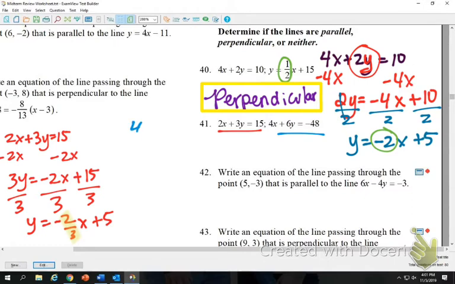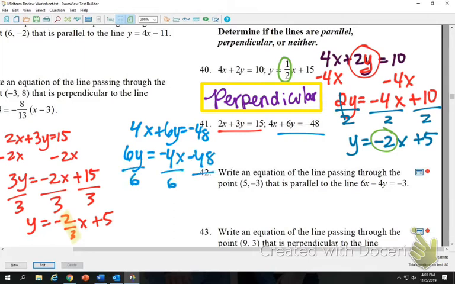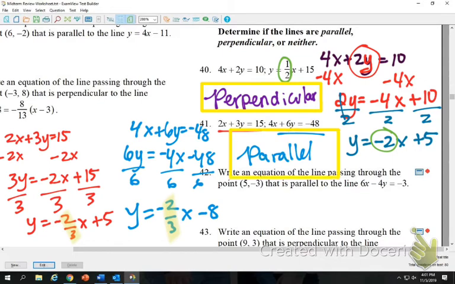So 4x plus 6y equals negative 48. Subtract 4x on both sides. Divide by 6. y equals negative 2/3 x minus 8. So they have the same slope. This makes them parallel. Again, they had to show the work. It's minus 7 if they don't have any work.